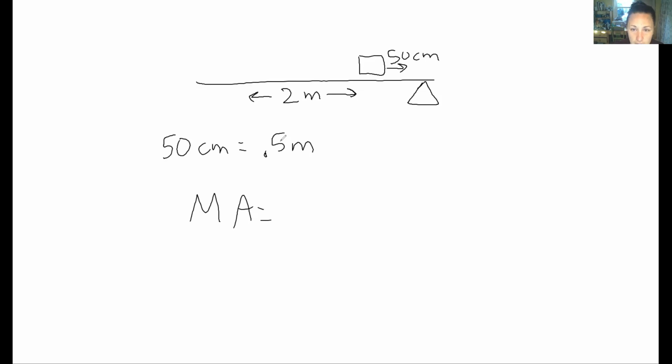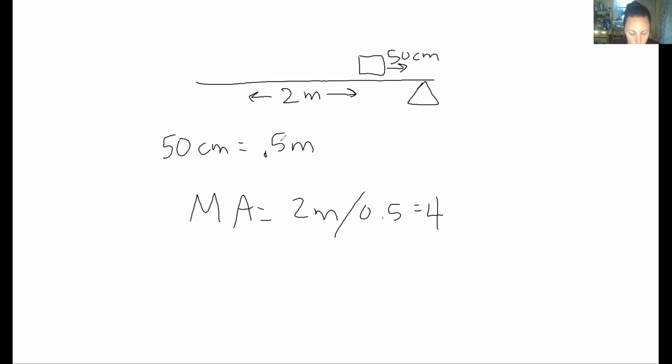So we're going to be doing 2 meters, our effort arm, divided by our 0.5 meter resistance arm, and that's going to equal 4. And so our mechanical advantage would be 4 for that problem.